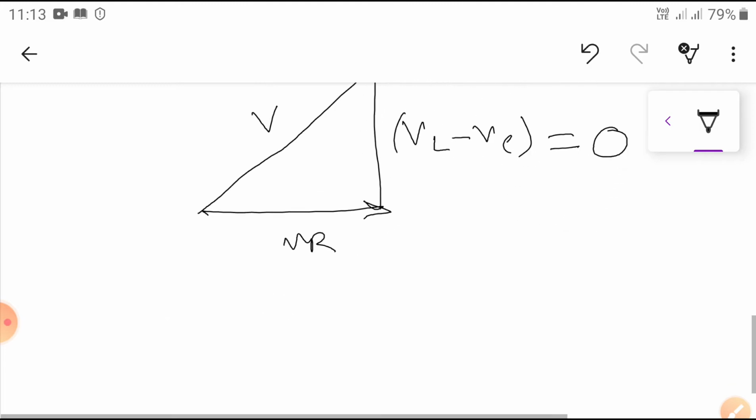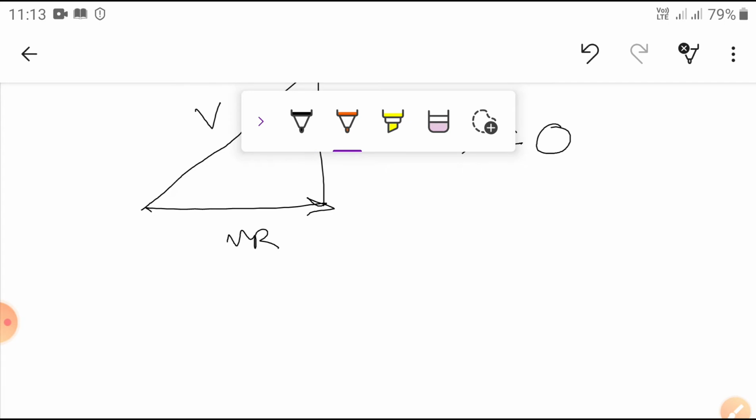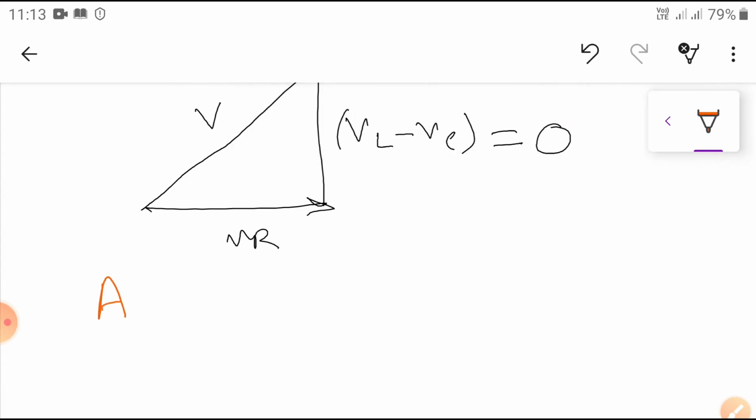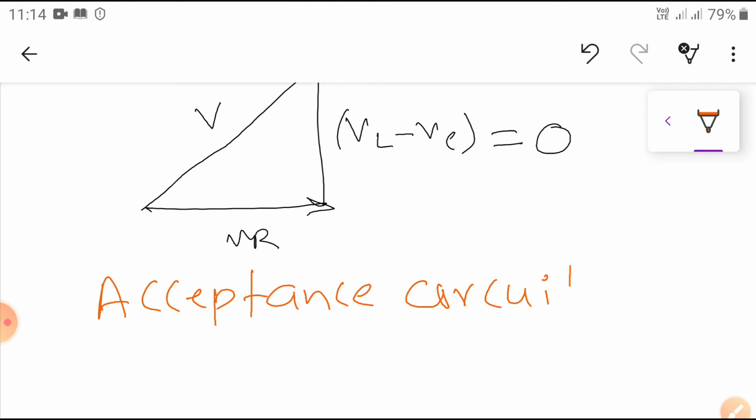At the same time, another term regarding this is the acceptance circuit.